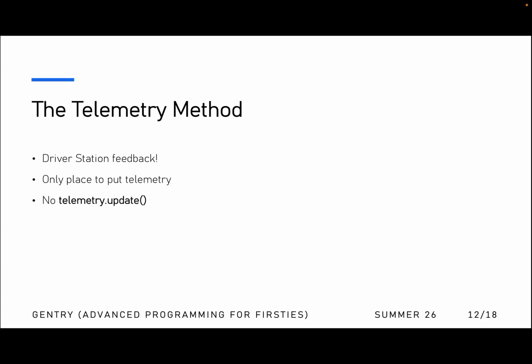This is the only place you're going to put telemetry. If you put it in other places, it gets a little bit more confusing. Also, make sure not to include telemetry.update. You should include that at the very bottom of your teleop. In this specific case, we basically just want to populate our telemetry. That's all we want to do. We just want to get it all ready and then send it.